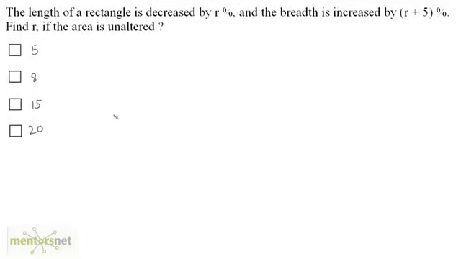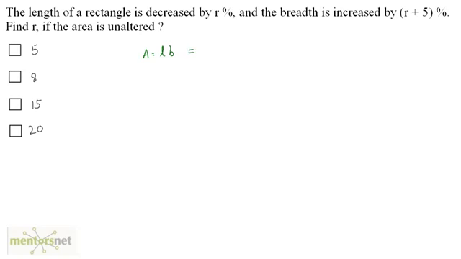The length of a rectangle is decreased by r% and the breadth is increased by r plus 5%. Find the value of r if the area is unaltered. Now let the length and breadth of the rectangle be L and B respectively. So area is equal to length times breadth. Now this area should be unaltered even if we decrease the length and increase the breadth, and that's what is given in the question.